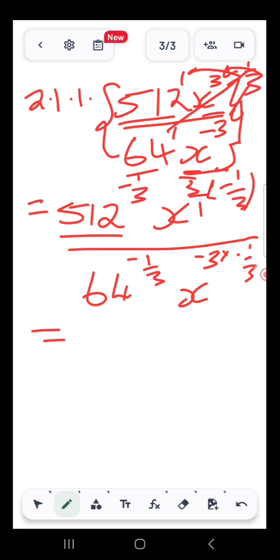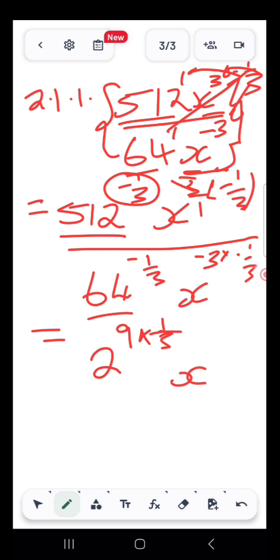Now, to make things easier, since they said without the use of a calculator, you'll find prime numbers for 512 and 64. So the prime form of 512 will be 2 to the exponent of 9, multiplied by the exponent negative 1 over 3, right? Which will also be x, these cancel, and then our final answer is negative 1.